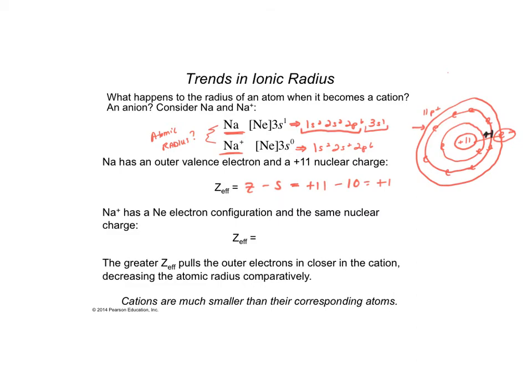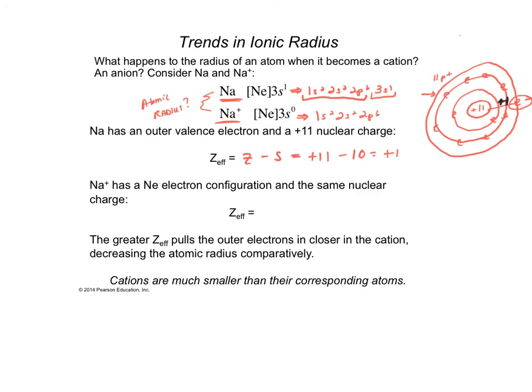Now, let's look at the cation that we have formed by removing that one valence electron, and let's consider how much of a pull it has towards the nucleus. So if we have our sodium 1+, same thing, if we want to consider the effective nuclear charge here, we would take our nuclear charge minus our core electrons.